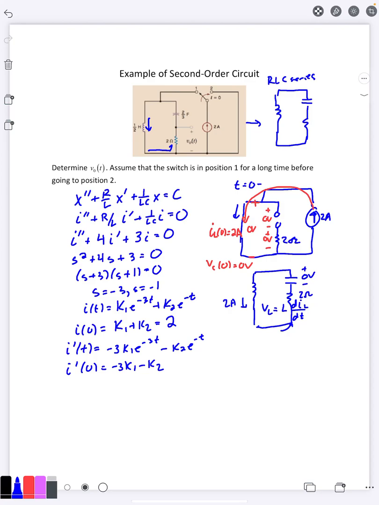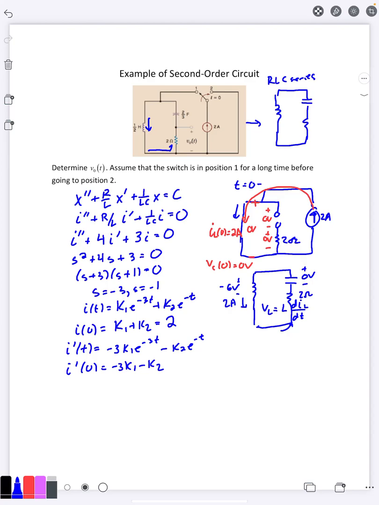So the voltage across the inductor, in order to counteract the resistor drop, is going to have to be 6 volts. Actually, sorry, because our current's going the opposite way, it's going to be negative 6 volts.